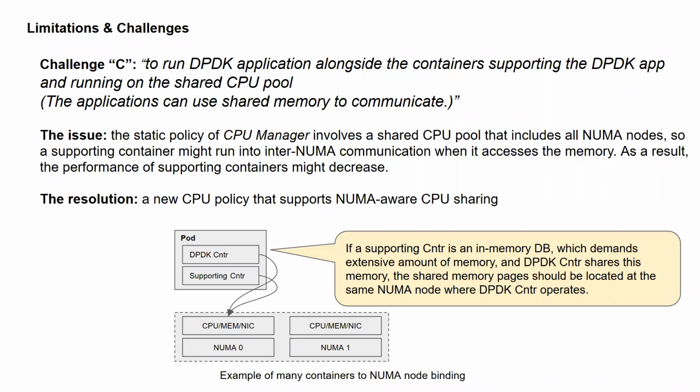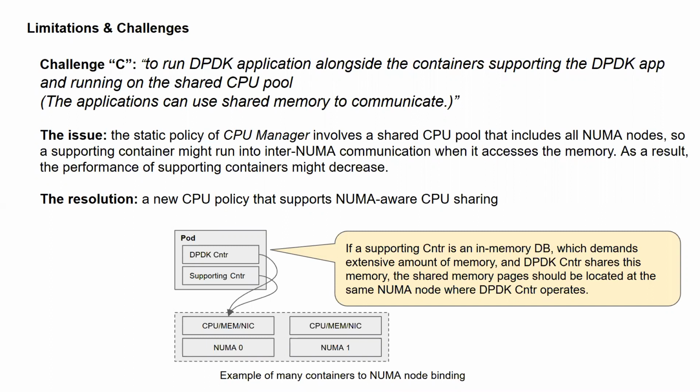So if I have a multi-NUMA node and I have the NUMA topology manager enabled and I have CPU manager on, is the issue here that you don't want to use the strict policy? No, it's a different scenario.